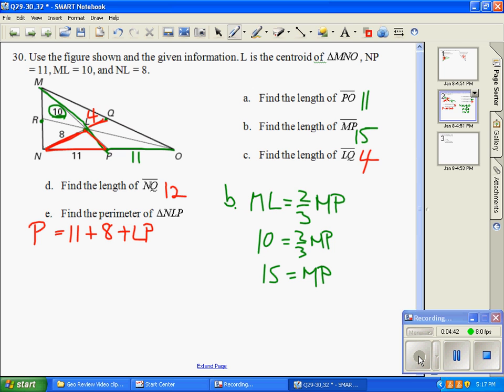Now LP is 1/3 of that full segment. So MP, we found that in part B. So MP is equal to 15, so LP is 5. So we add these all up, so we get 24.